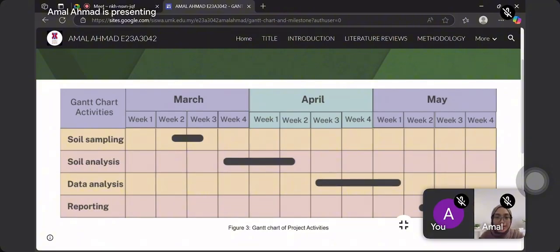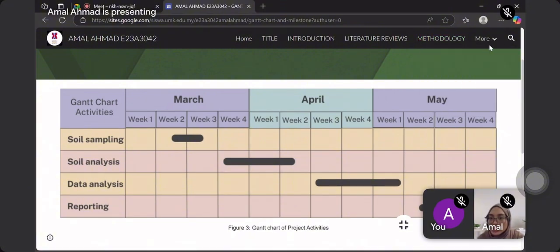Week 4 March to week 2 April, we go to soil analysis. Week 3 April to week 1 May, we go to data analysis. And May week 2, week 3, week 4, I write the report.